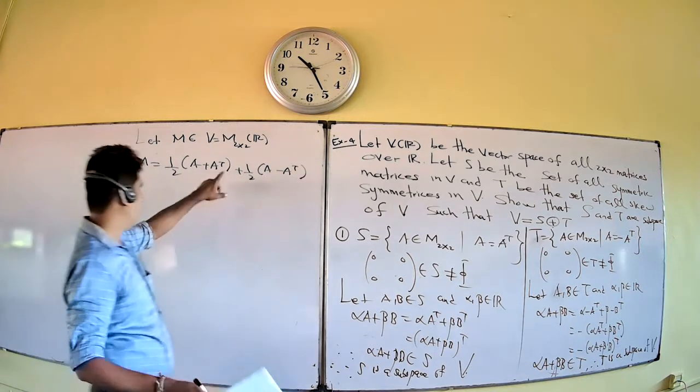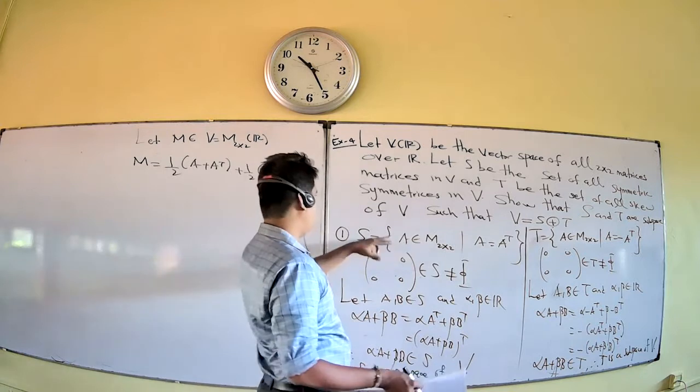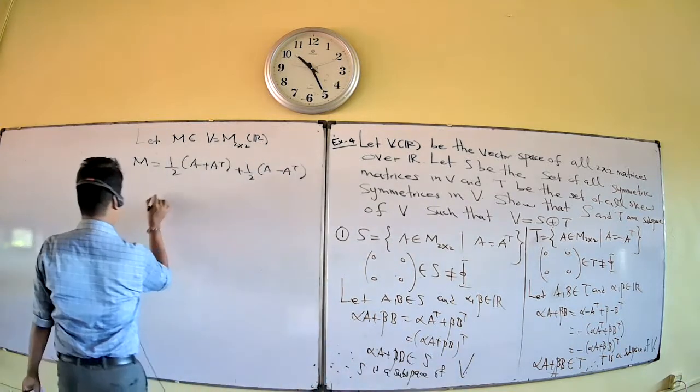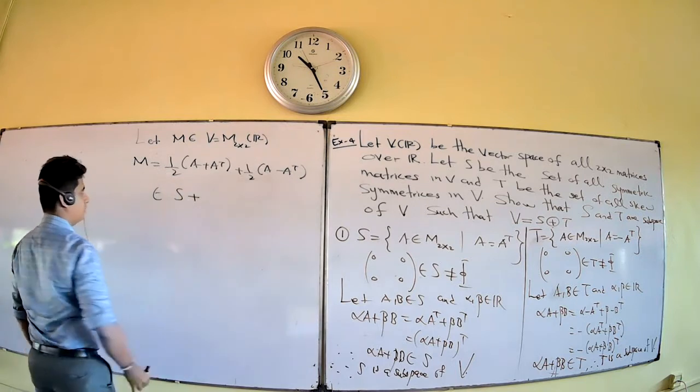Suppose A transpose equals A, then put here you get A, but A belongs to M2 cross 2, therefore A belongs to S, like that.